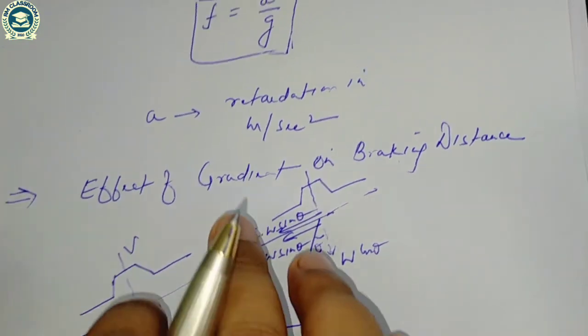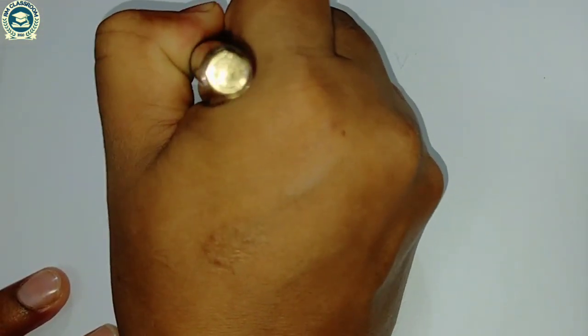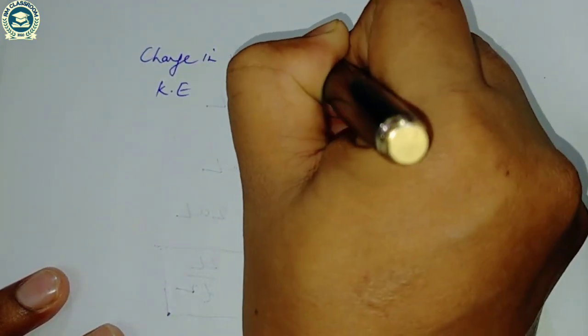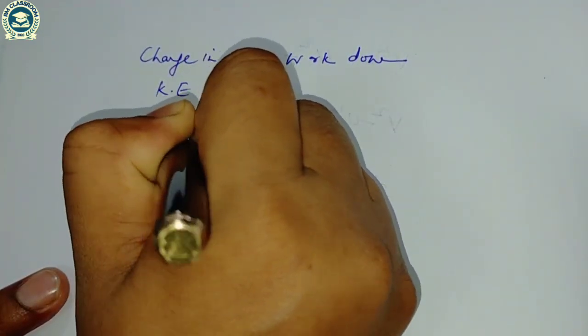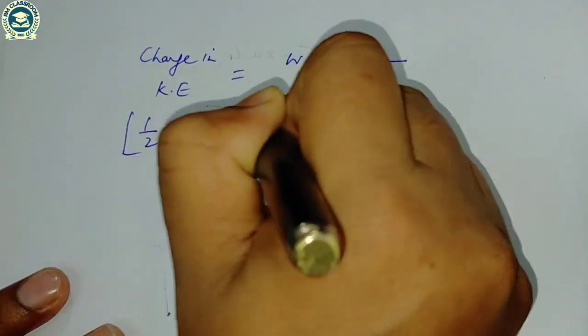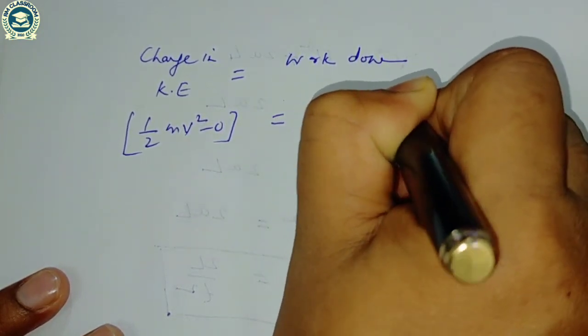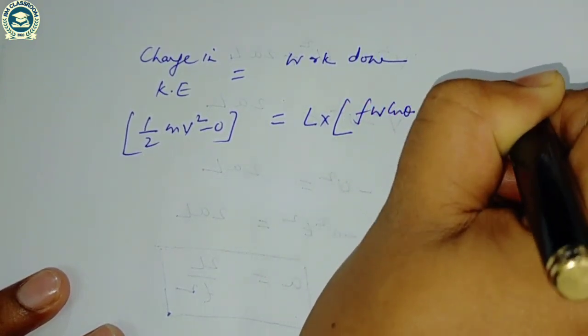So once again I will apply change in kinetic energy is equal to work done. So 1 by 2 m v square minus 0 is equal to L into f w cos theta plus w sin theta.